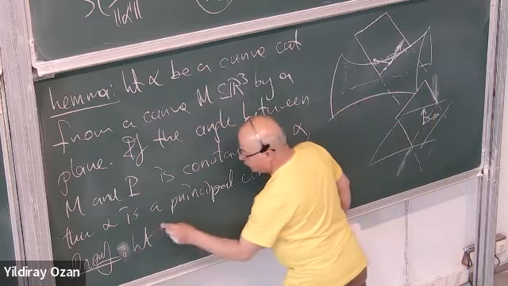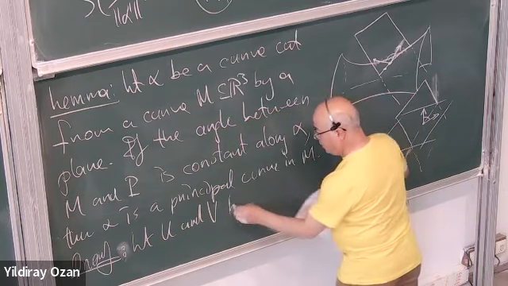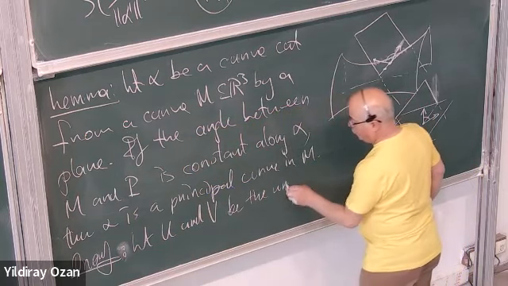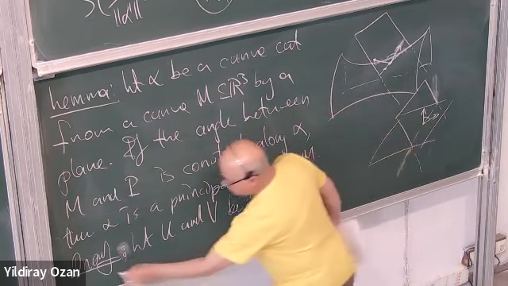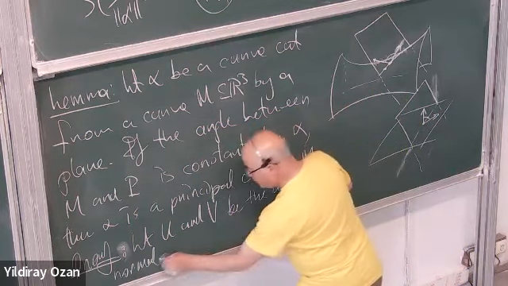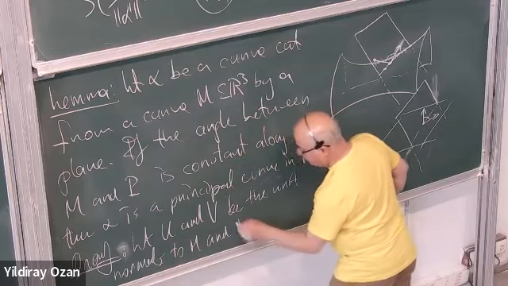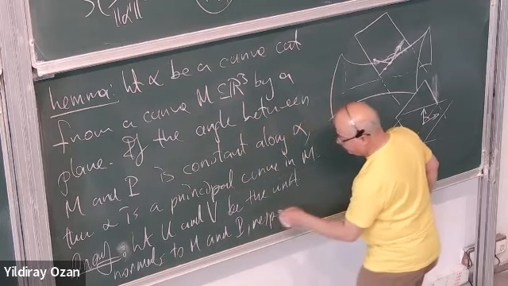Let U and V be the unit normals to M and P respectively.